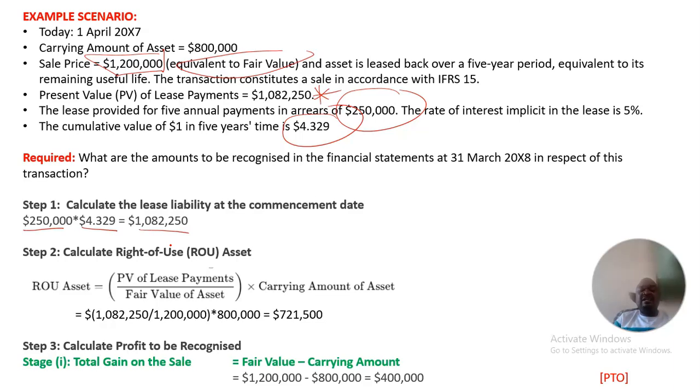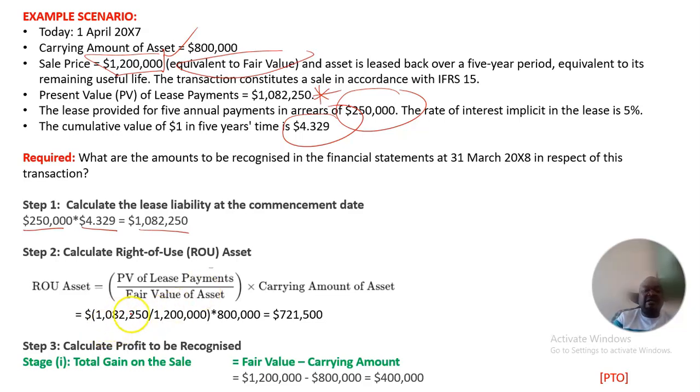All right, then we compute the right of use asset, because I said immediately when you enter into a leaseback transaction, you derecognize the asset and then recognize a right of use asset. There's a formula which we indicated: the PV of lease payments divided by the fair value of the asset. The fair value of the asset was 1.2 million, which was equivalent to the sale proceeds.